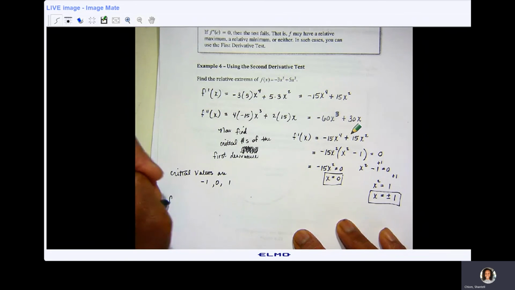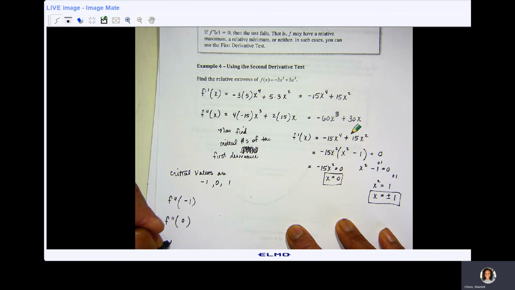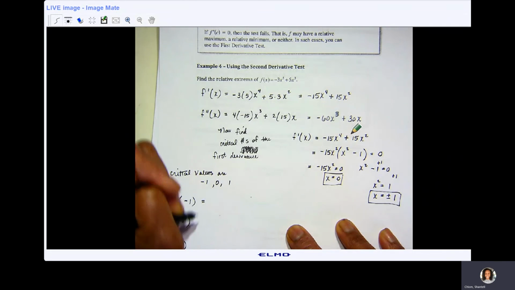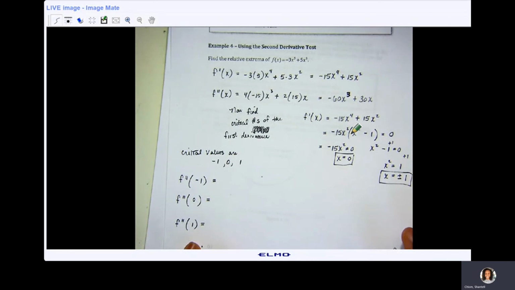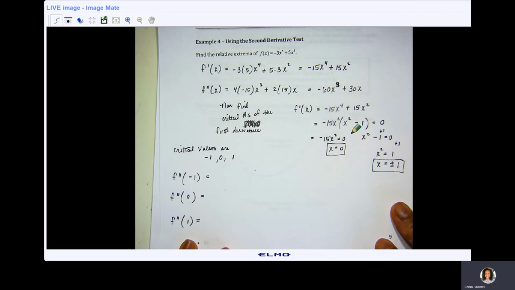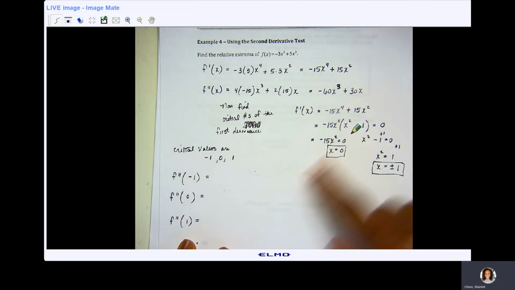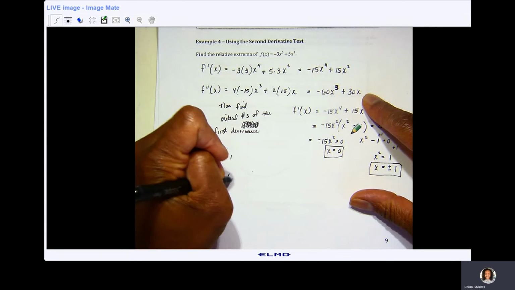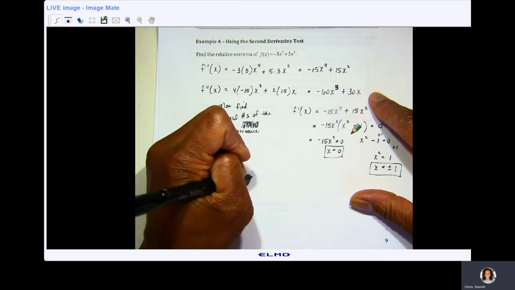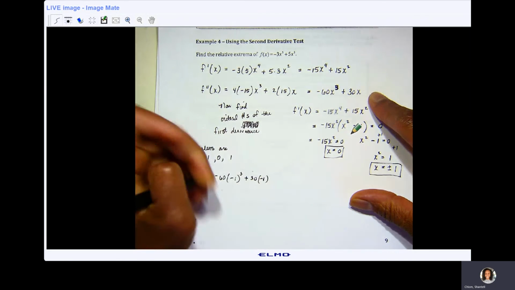So now you're going to evaluate f double prime at those values to figure out if you have a relative max, min, or what the case may be. So you're plugging these into the second derivative. Negative 1 plugged in, you got negative 60 times negative 1 cubed plus 30 times negative 1.